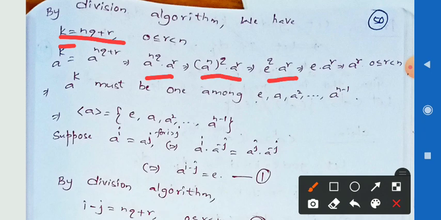Here a^n is e. Therefore e^q times a^r, then we get e times a^r, which is a^r.